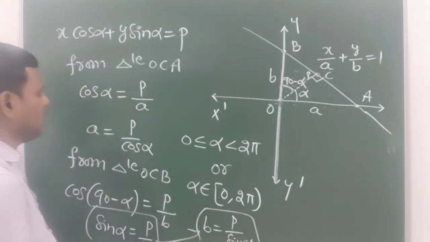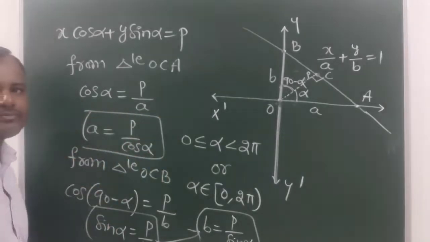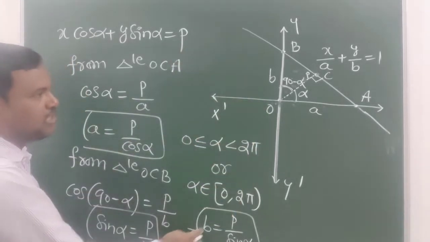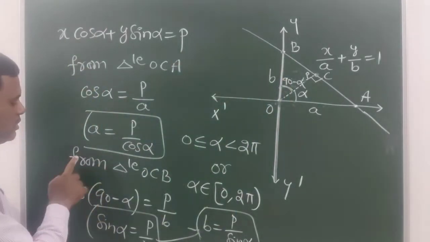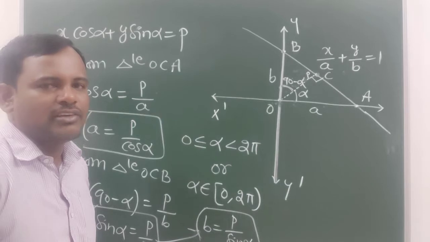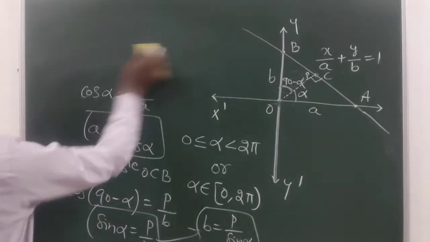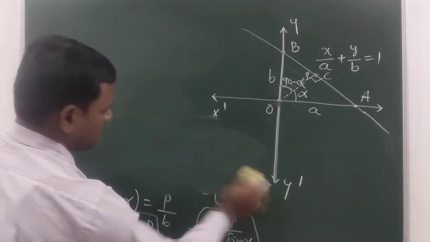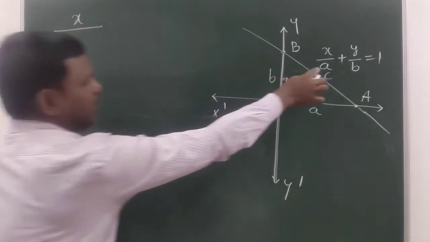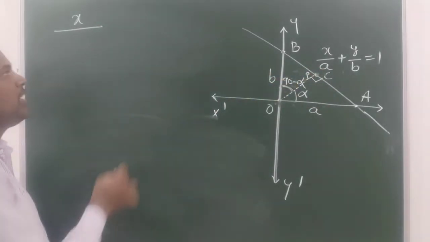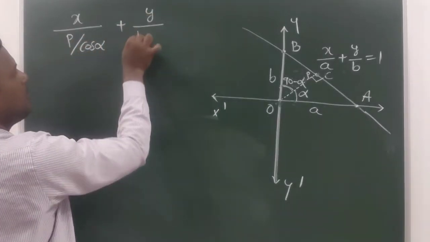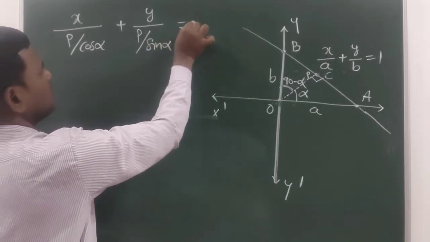So here we have got b, here we have got a. a means the x-intercept made by that line, b means the y-intercept made by that line. Substitute these a and b values in the intercept form of the line equation. What do we get? x by p by cos alpha plus y by p by sin alpha is equal to 1.